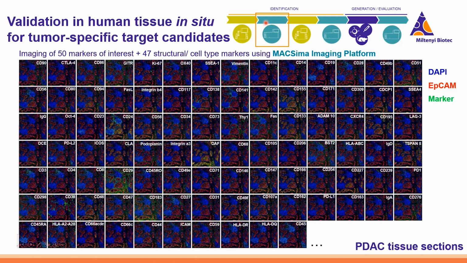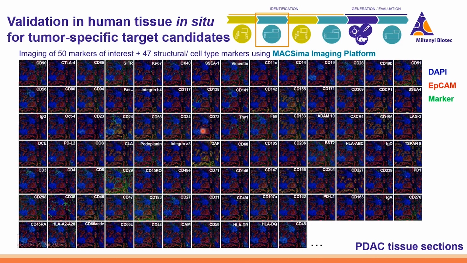This is the second part of the workflow where Maxima imaging platform is used. What we see here is quite unique. We are looking at 100 markers in a single PDAC tissue section. In blue, we see DAPI, in red, EpCAM, in green, the marker of interest. And what we see here is the spatial distribution of each marker, and this allows us to distinguish between tumor-specific markers and non-tumor-specific markers.